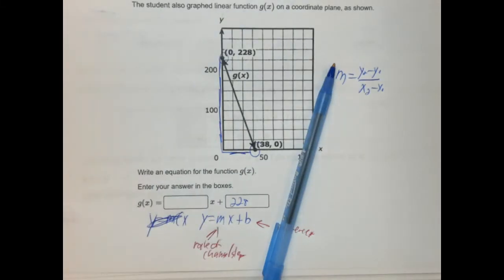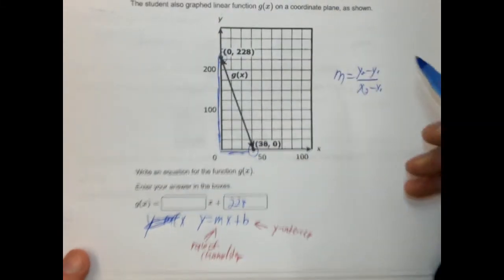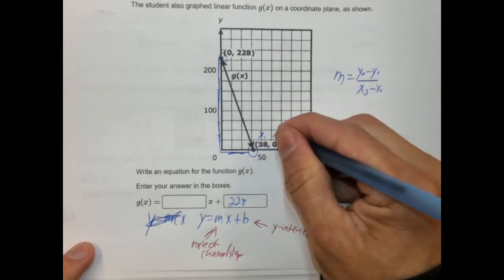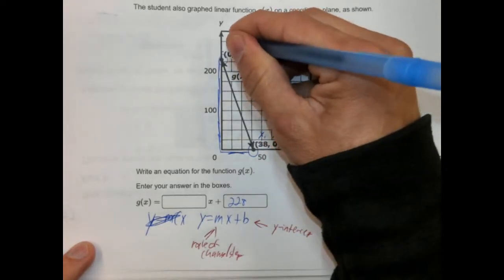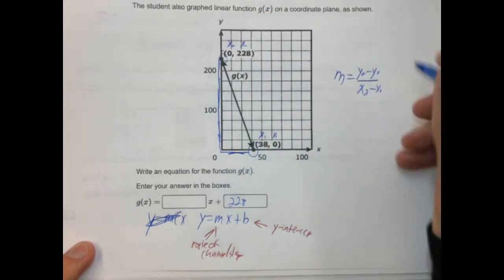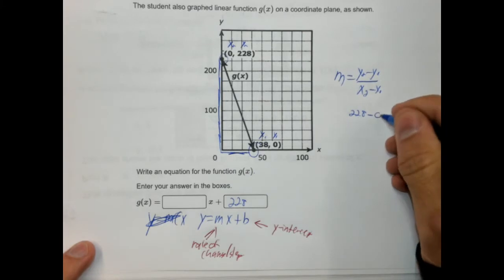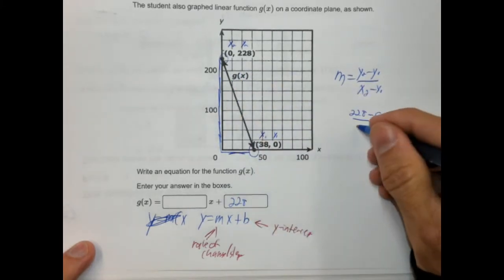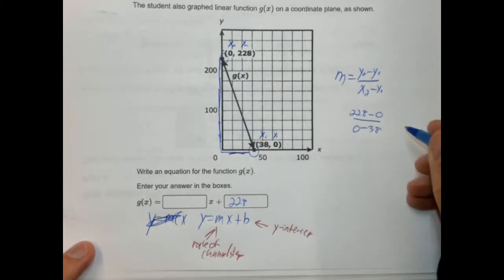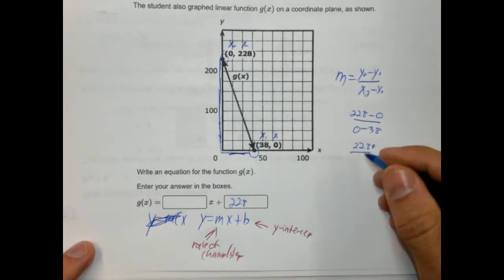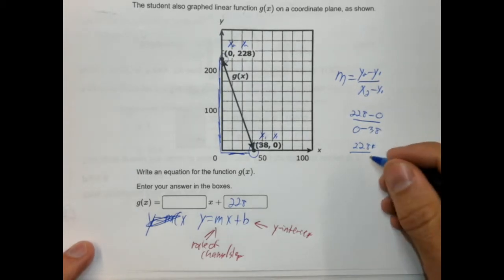Okay, the rate of change form we have here. Let's plug this in. We're going to have x1, y1, and x2, y2. Our y2 is going to be 228 minus 0, and x2 is 0 minus 38. So 228 minus 0 is 228, and 0 take away 38 is negative 38.